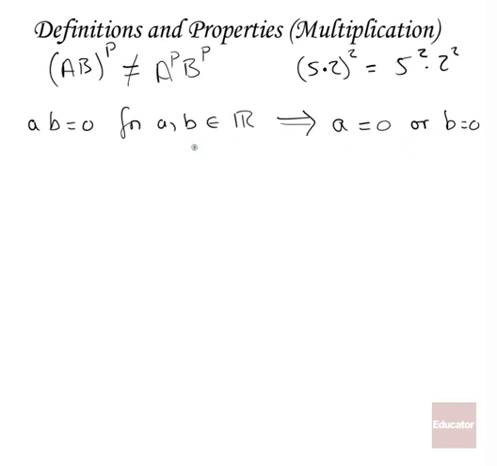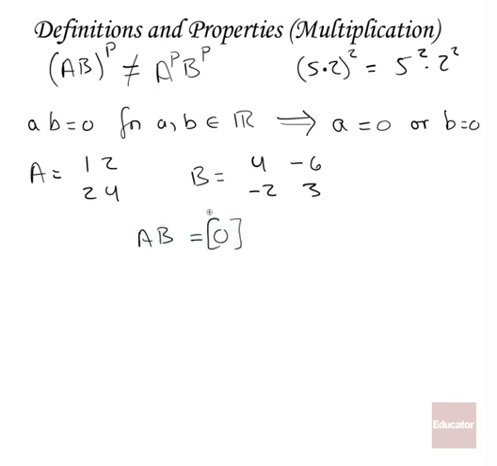Let's do an example here to show you that it's not true for matrices. If I take A equals [1, 2; 2, 4], and if I take B equals [4, -6; -2, 3], and this is 2 by 2, AB, I get the 0 matrix. However, notice neither A nor B is 0. So again, for matrices, it doesn't hold.